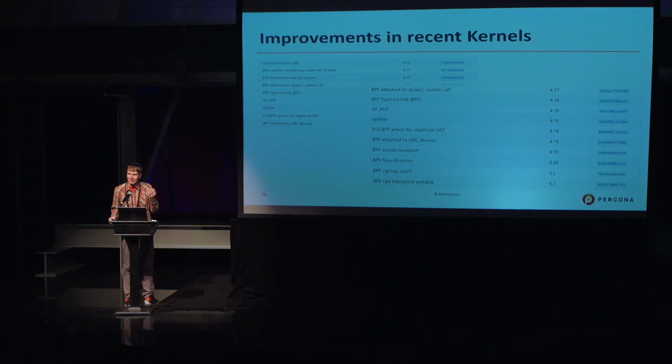If you look at the improvements, they tend to be focused around two different areas. One of them is things which we can instrument, what kind of data we can really get into the system. And the other is how we can store and process that before it is emitted to the user process.